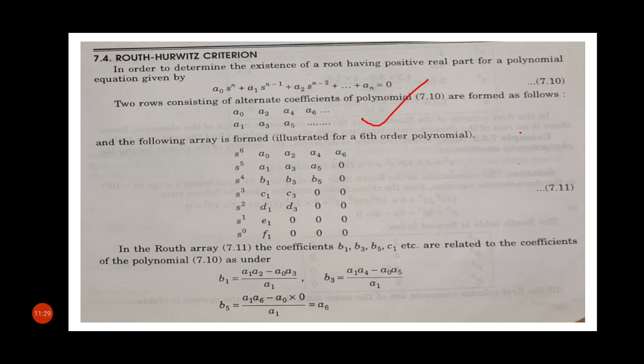The first row is a0, a2, a4, a6, and the second row is a1, a3, a5. Now the following array is formed.